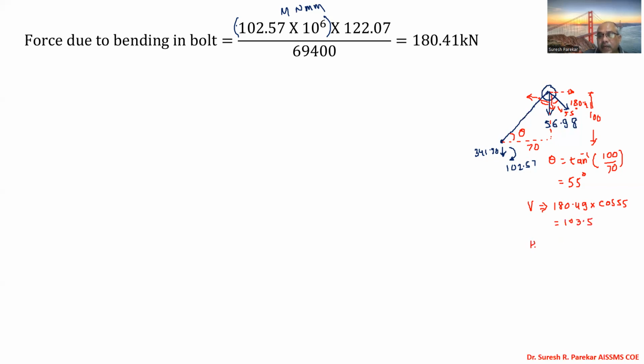And the horizontal component is 180.49 into sine of 55, which is 147.85.